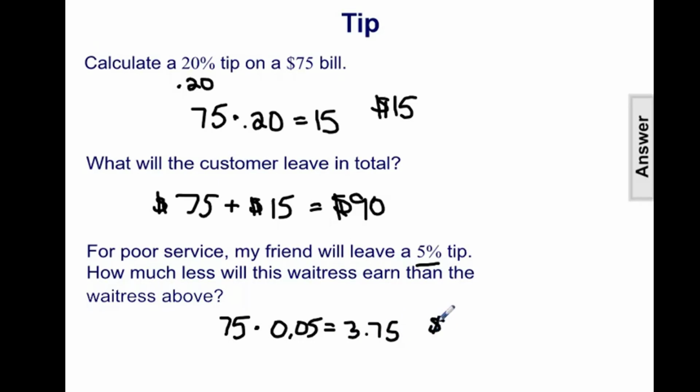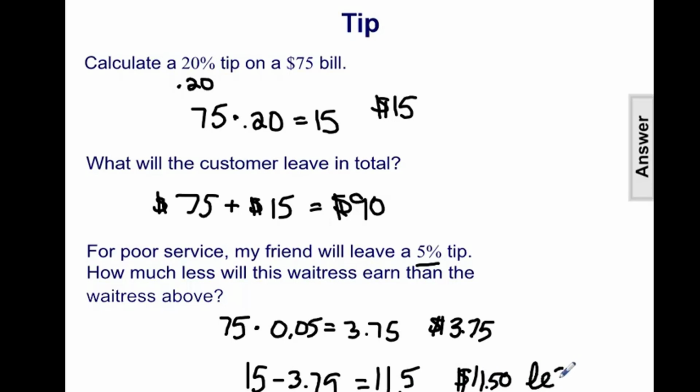So that waitress is only getting a $3.75 tip. So the difference, 15 minus $3.75, is $11.25. So she'll be getting $11.25 less.